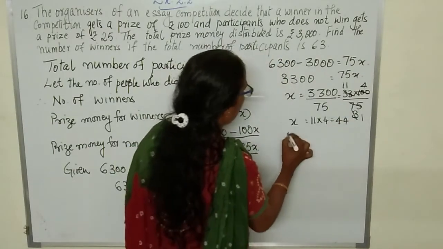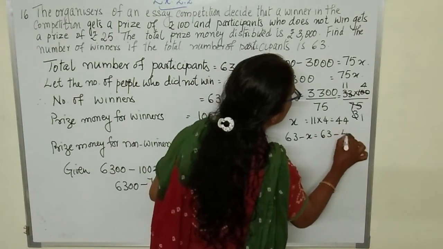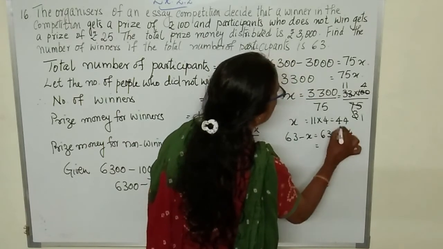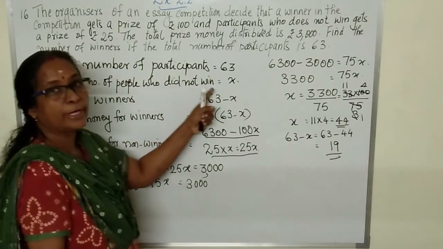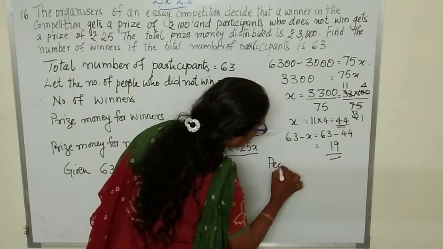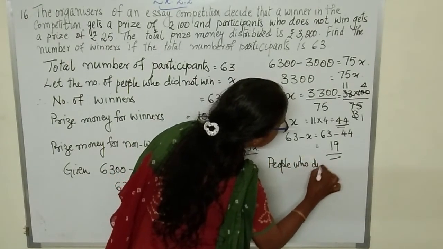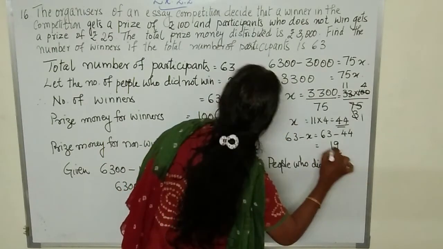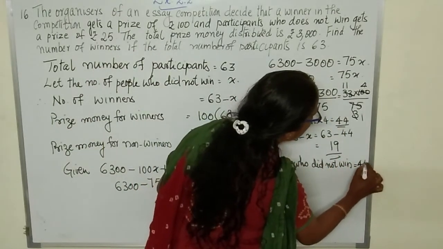So what is 63 minus X? That is 63 minus 44, which is 19. So what is X? X is the number of people who did not win. So people who did not win is equal to X. How many people did not win? 44.